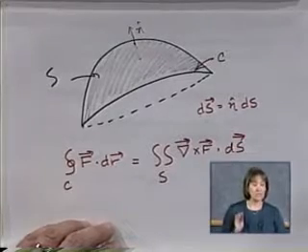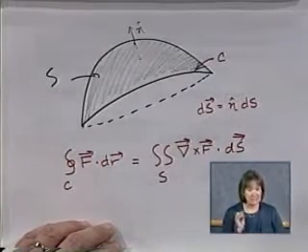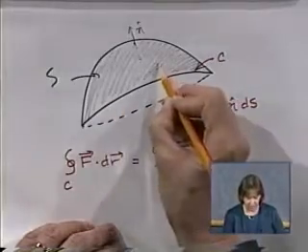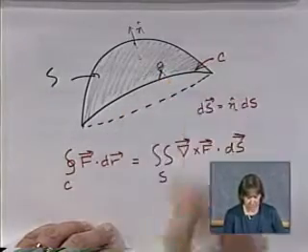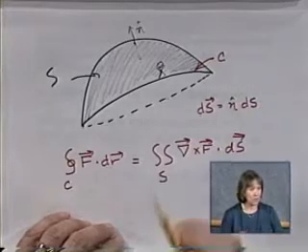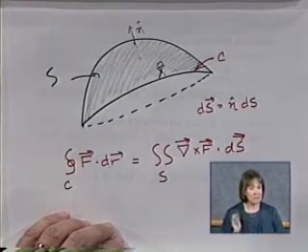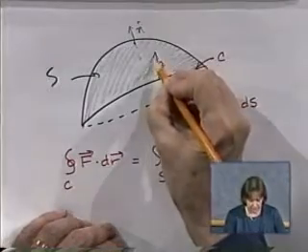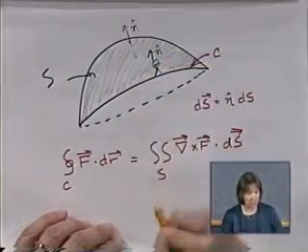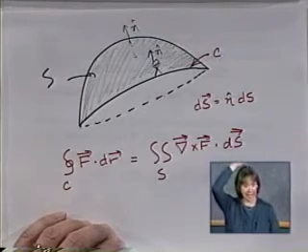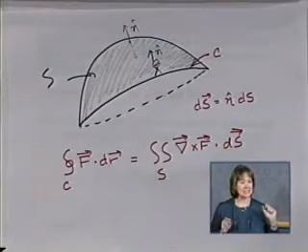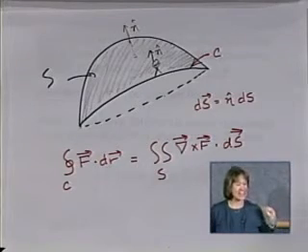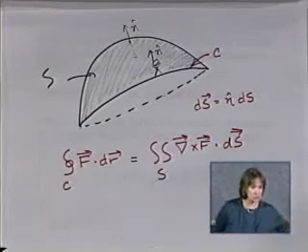Then positive orientation is the following. Think of a little guy walking along the curve. This is Mrs. Strocko's way of doing it. When he walks around the curve, think of him having a cap on his head that's the unit normal. As he's walking along the curve, he has to have his left arm pointing inward to the surface.